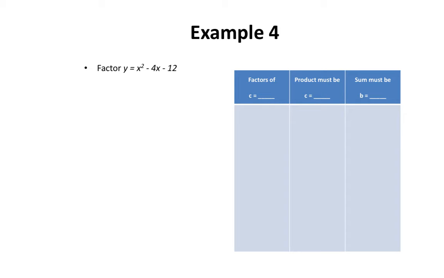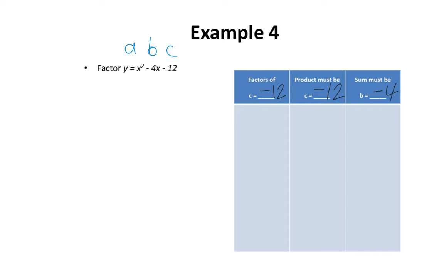In our fourth example, we want to factor our parabola in standard form, but let's first identify the values of a, b, and c. Well, c is negative 12, and b is negative 4. Now, this is going to be a little bit more difficult because we have negative numbers.